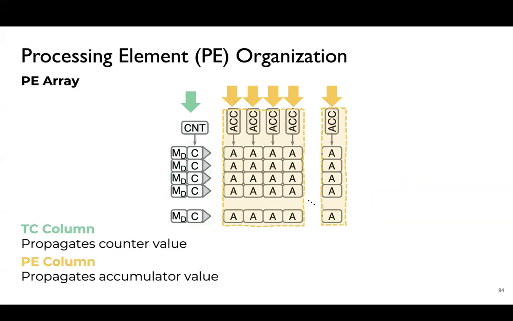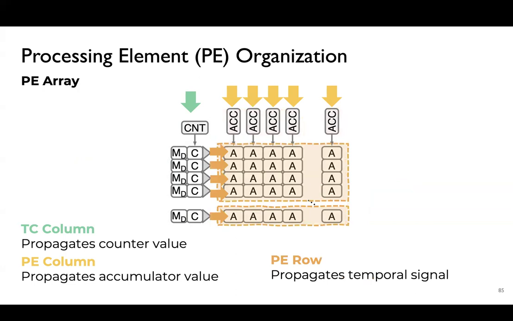Similarly, accumulation results are propagated downwards to each PE. In this way, each row staggers, and the temporal bit streams are propagated from left to right. In this way, the columns also stagger, forming a two-dimensional staggered pipeline.